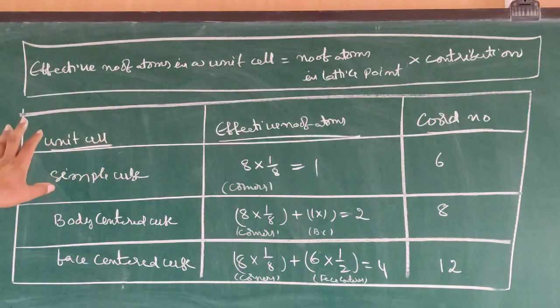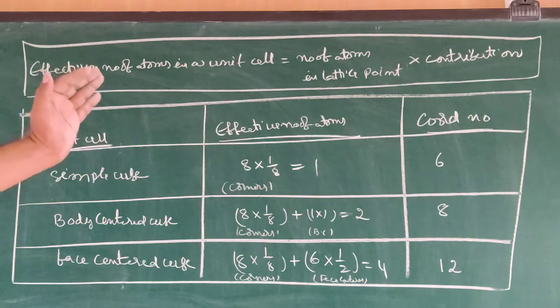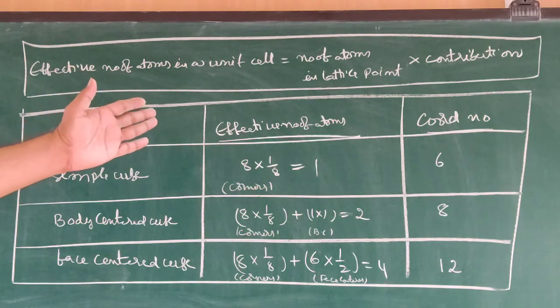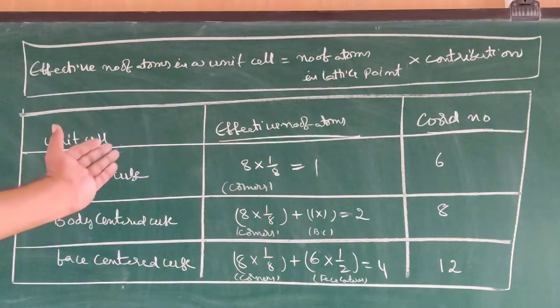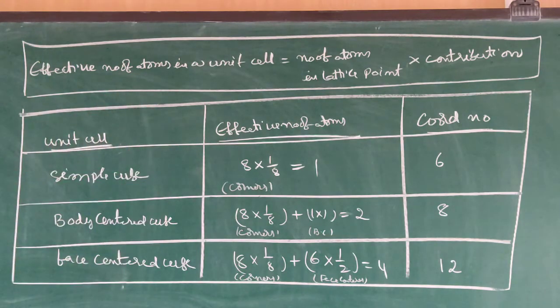So there are 8 corners. 8 into the corner contribution 1 by 8, that is equal to 1. So the effective number of atoms present in a simple cube is equal to 1. Its coordination number is equal to 6, the number of nearest atoms.